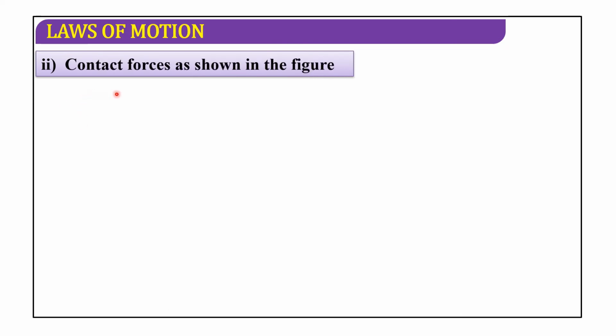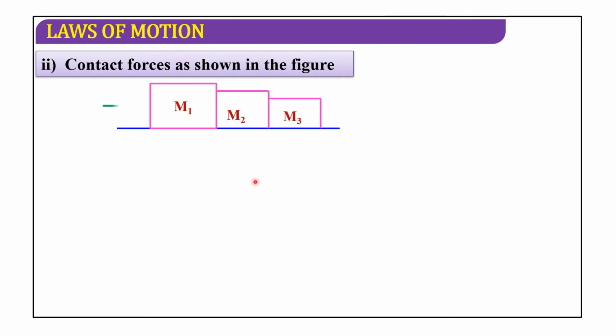Second one, contact forces as shown in the figure. Observe this figure: smooth horizontal surface, M1, M2 and M3. Here we are taking three blocks having masses M1, M2 and M3.